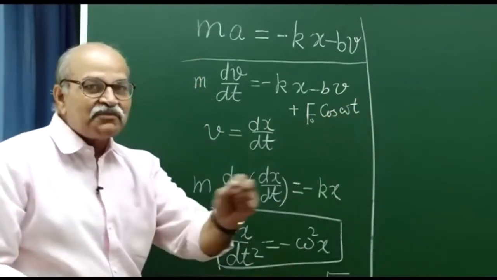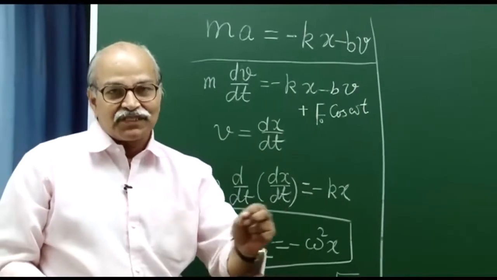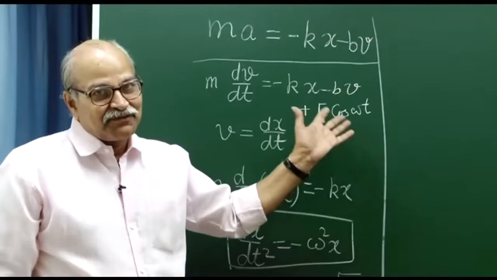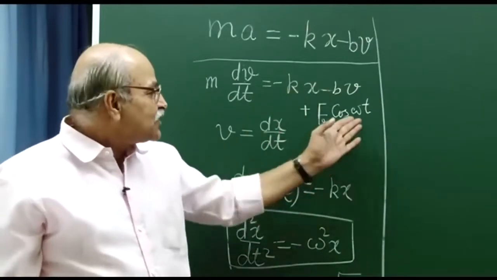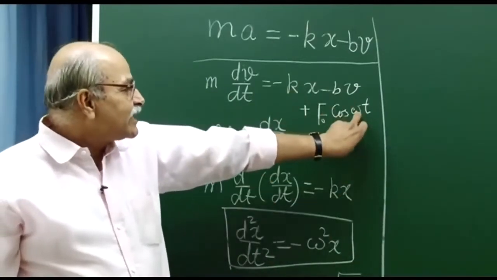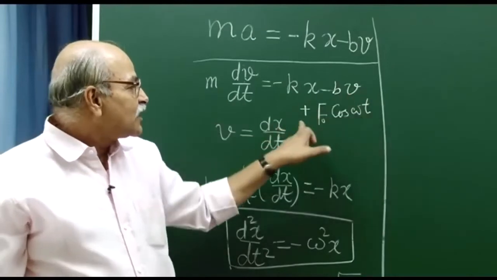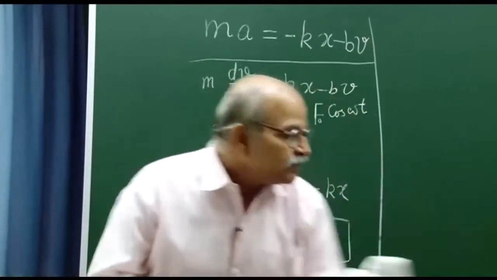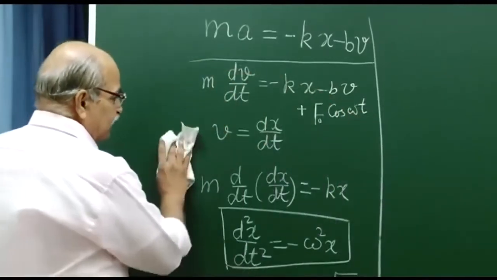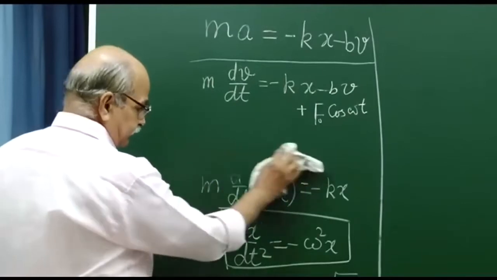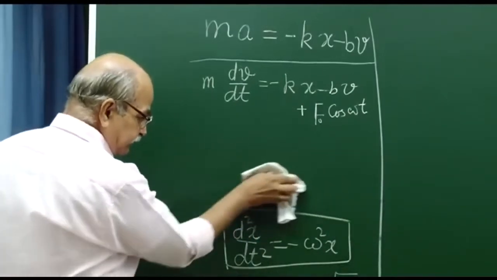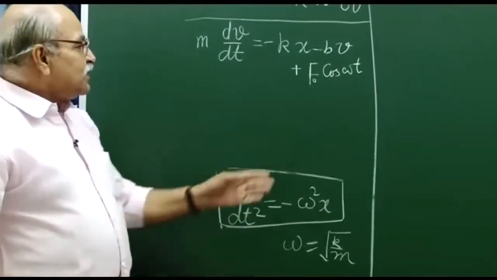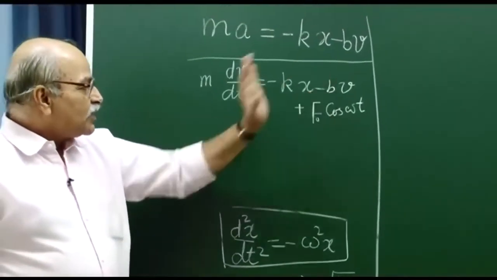Of course, when I am giving this periodic force through my fingers, I am not following that nice smooth cos omega t type of variation, but nevertheless let us say at some frequency omega we are applying an external force. So, what will happen? Let me remove this part and this part. What will be the effect of this part and this part?